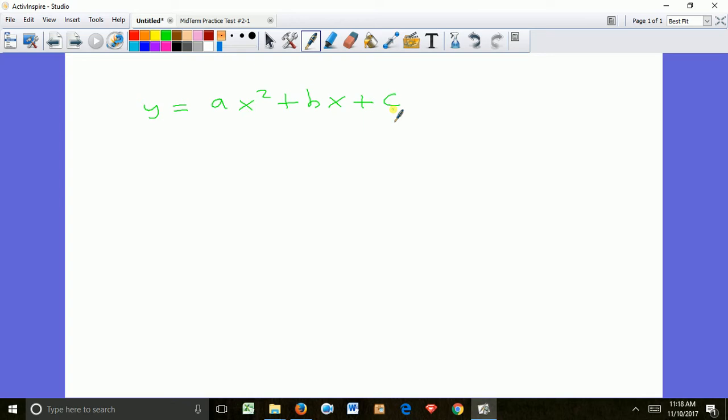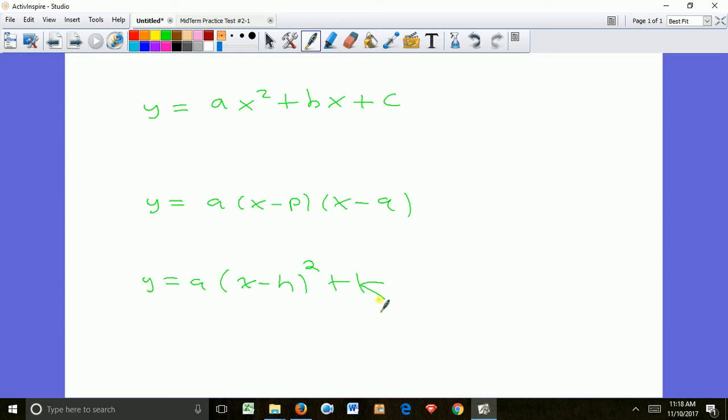The other form is intercept form or factored form, which is y is equal to a times x minus p times x minus q. And then the last form is y is equal to a times x minus h squared plus k. So that is vertex form.